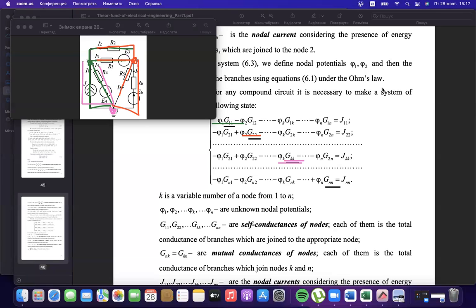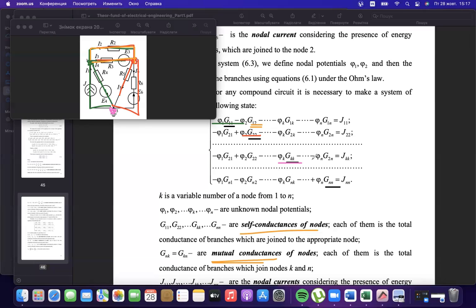Then with double index, it is called mutual conductivities: self-conductance and mutual conductance. Mutual conductance is the branches that are between two points, between the point of the first index and the second index, between point 1, 2.